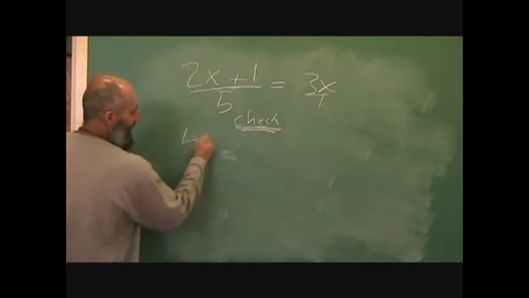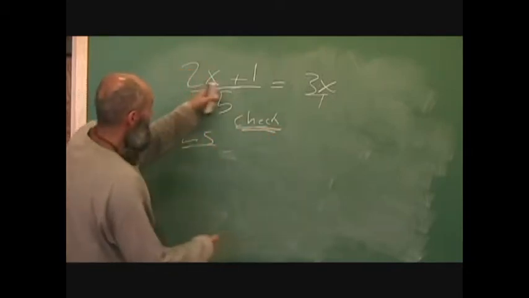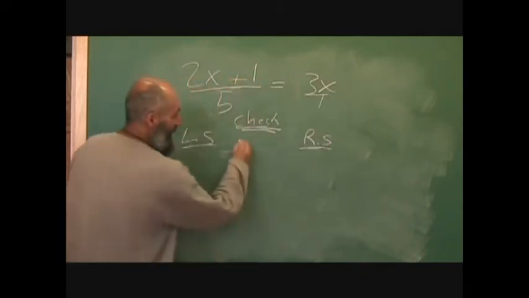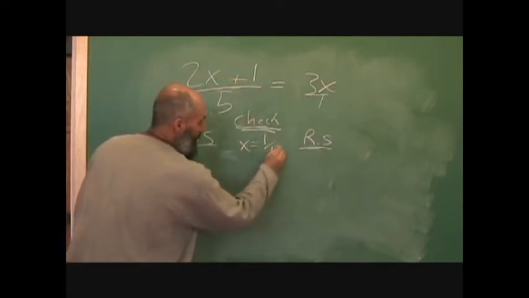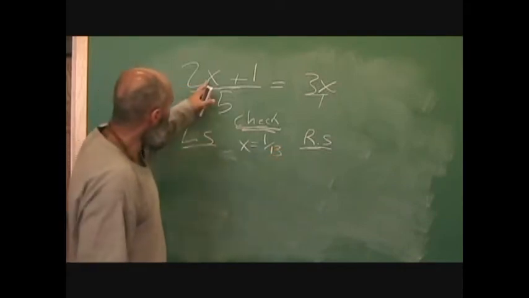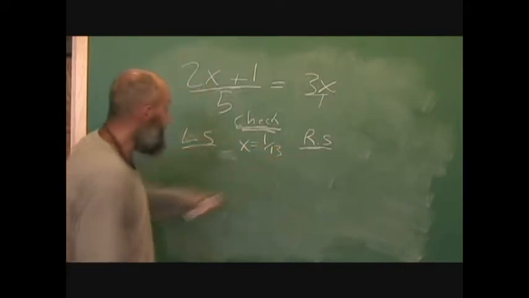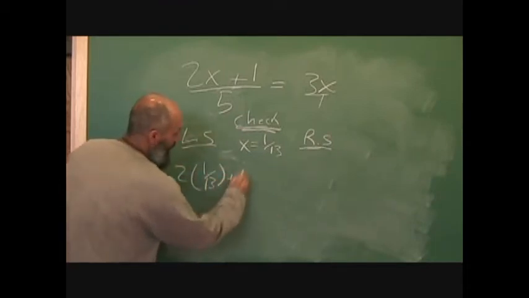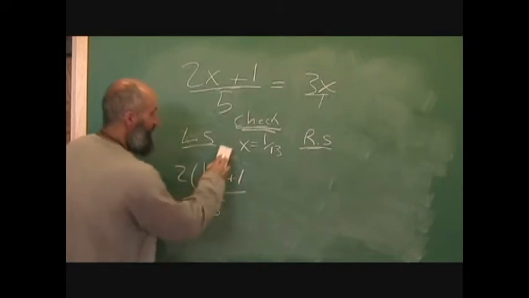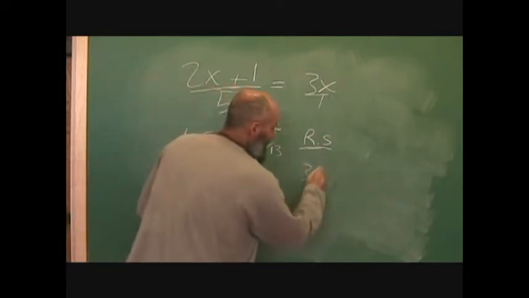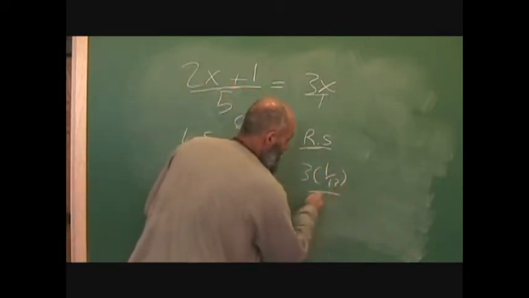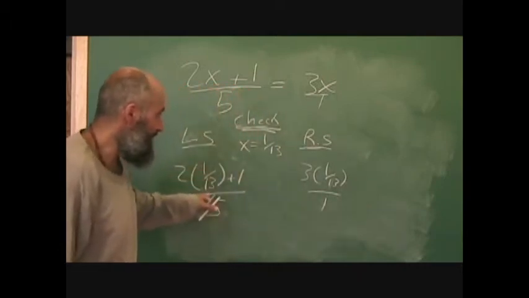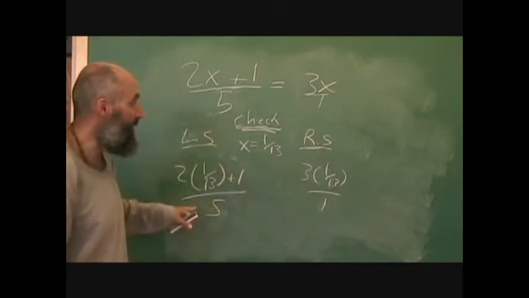You would go left-hand side of the equation is this, the right-hand side of the equation is this, and we're checking for x equals 1 over 13. So wherever you see x, you put in 1 over 13. So over here would be 2 times 1 over 13 plus 1 over 5. Over here would be 3 times 1 over 13 over 1. Okay. And you would do this and see if this side of the equation equals this side of the equation.